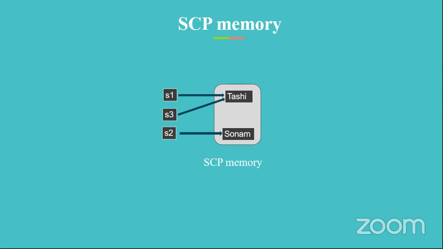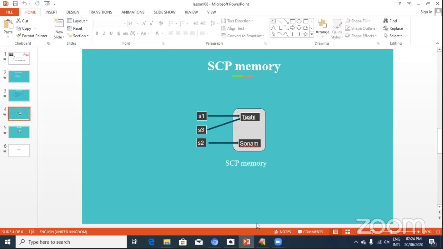So if there is a duplicate, it will point to that previous object. So this is the behavior of the string constant pool memory. Now, that's all with creating objects without using the new keyword and the behavior of these objects in the SCP memory.